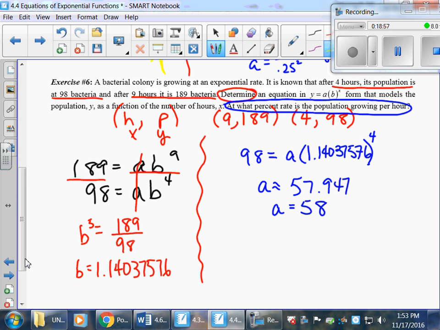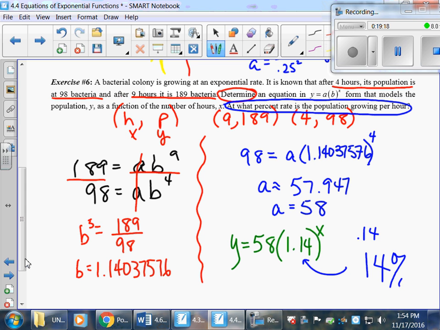So writing down the equation now, y is equal to 58 times 1.14 raised to the x power. If you remember about exponential functions, this is the growth rate. It's increasing by 0.14, but it's asking us for the percent, so the percent would be 14%.